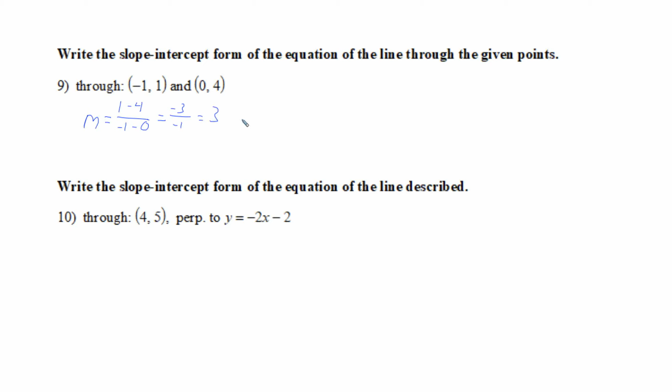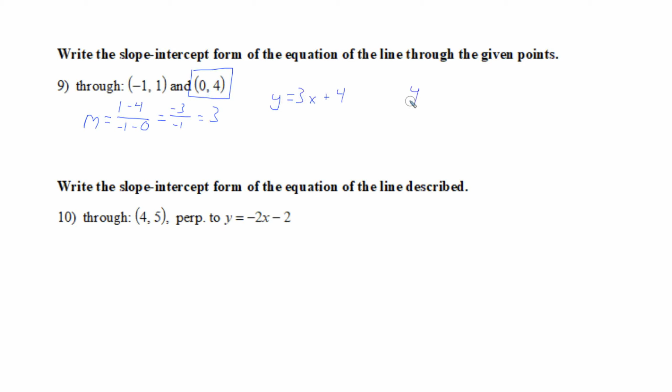Now from this, we could go a few different routes. Actually, this right here is very helpful. When it goes through the point where x is 0, and you know a y value, this is going to be our y-intercept. So really from right here, we could do y equals our slope 3, x, and then plus 4. That's the easiest way to go.